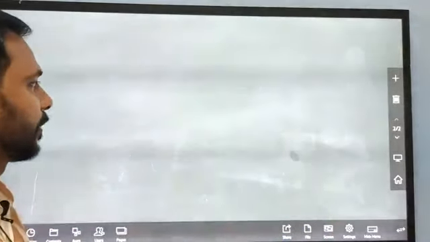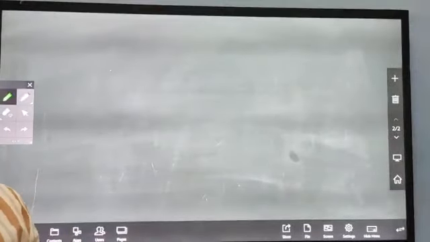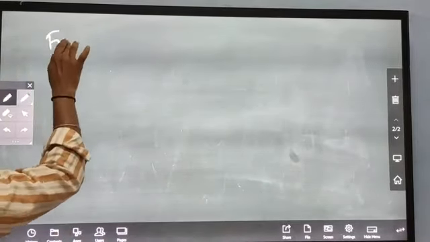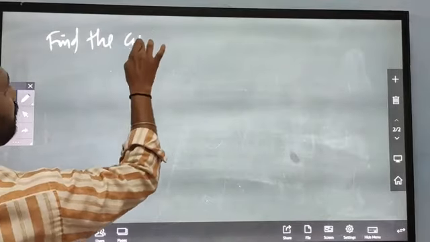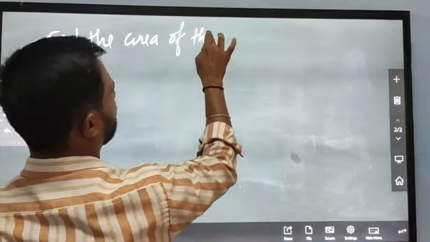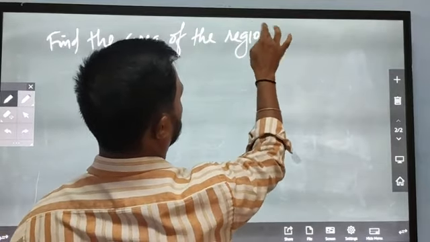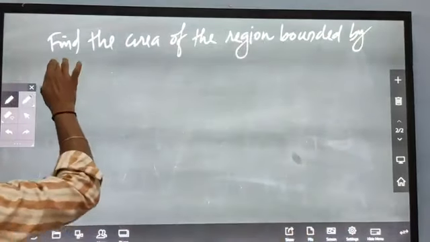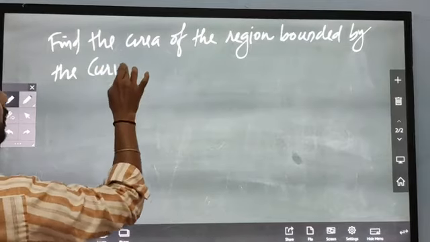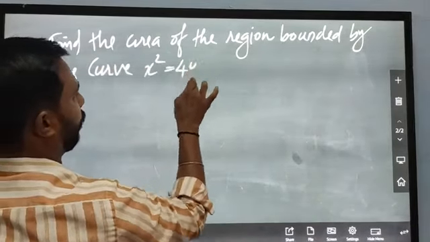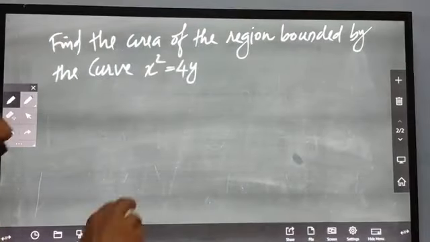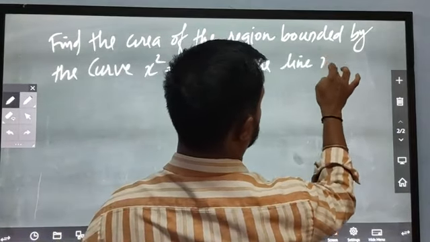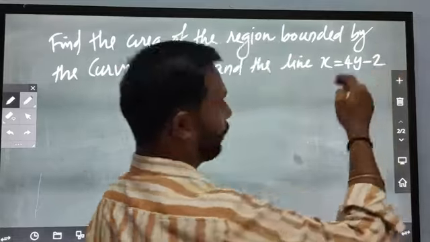Consider this problem. Find the area of the region bounded by the curve x square equal to 4y and the line x equal to 4y minus 2.